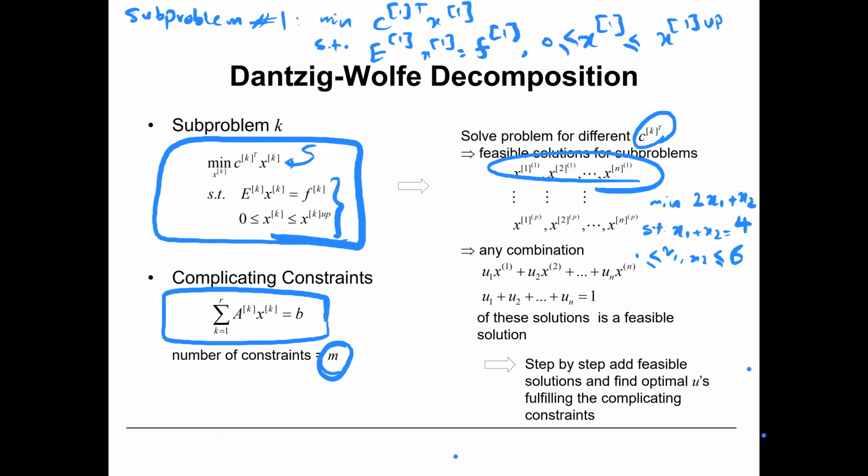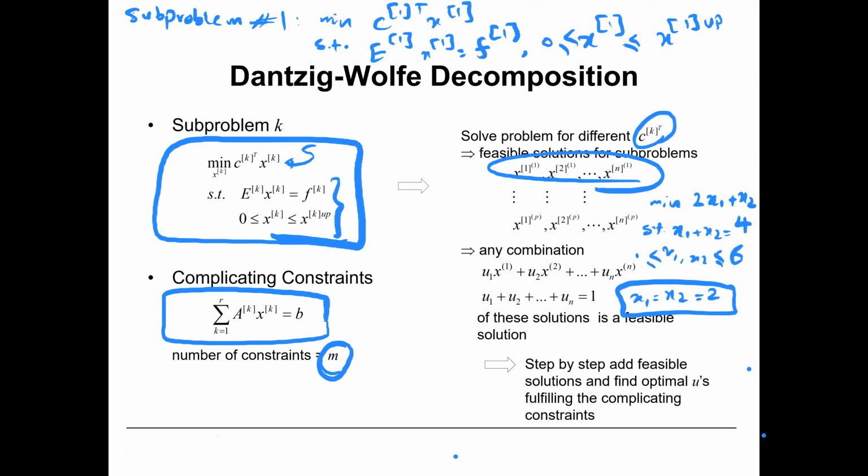A feasible solution to this is x1 is equal to x2 is equal to 2. When we talk about feasible solution, we don't look at the objective function. We only want to satisfy the constraints. In this example, x1 plus x2 is equal to 4.